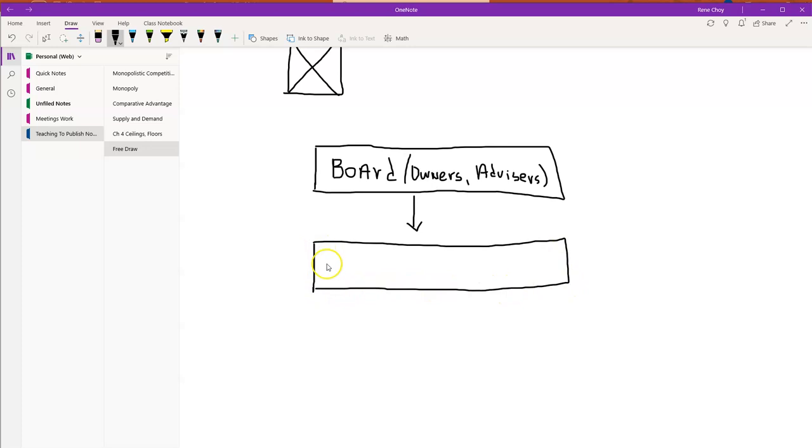Now, the top management team is usually your CEO, your CFO, your COO, or all these other interesting names, or your president, vice president, and again, whatever other name you have for it.